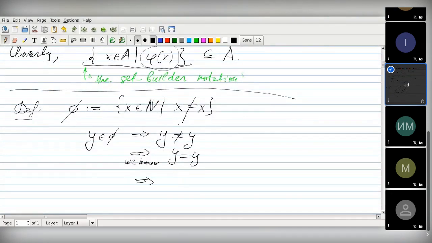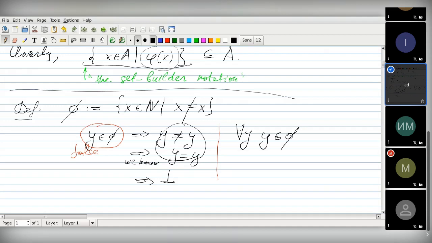So we have a conjunction of a statement and its negation. This conjunction is always false. So we have got a contradiction, a falsity from this statement. You know that if from some statement it follows a falsity, then the statement must be false. So this one is false for whatever y. And we may thus conclude that for every y, y is not an element of this set.